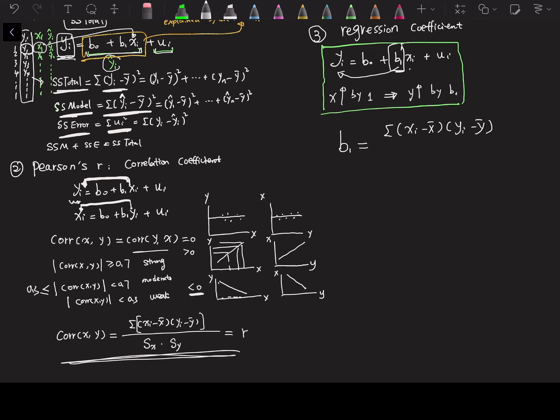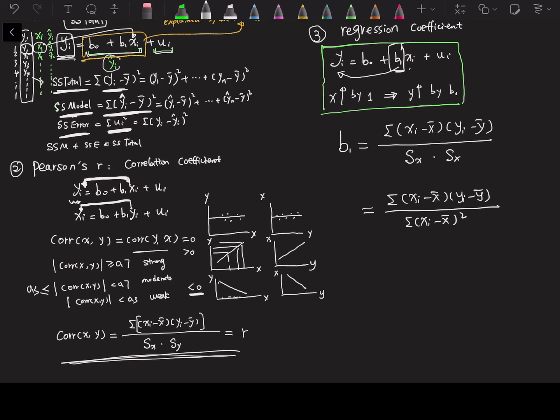But the denominator of Pearson's R is the standard deviation of x times the standard deviation of y, whereas for B1 the denominator is the sum of x minus x bar squared.